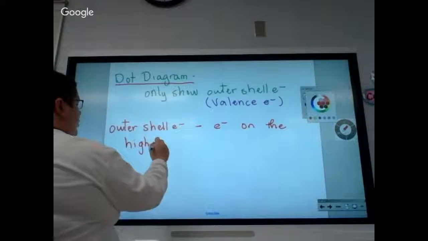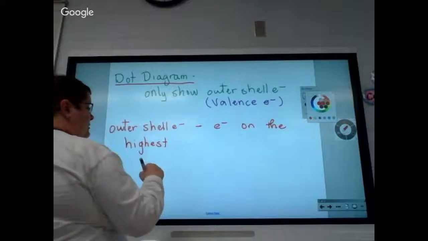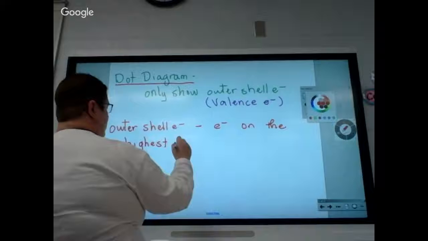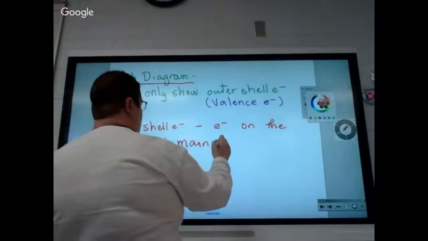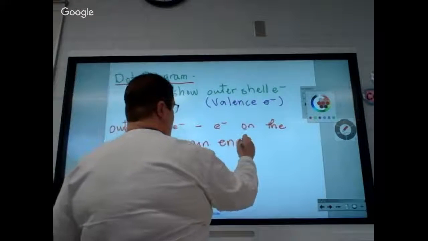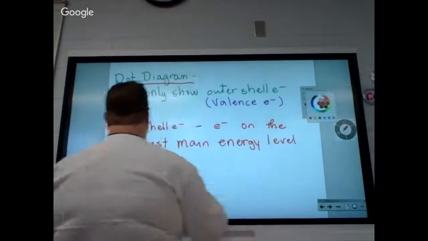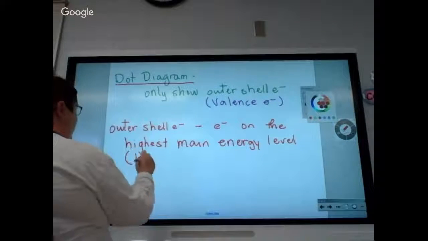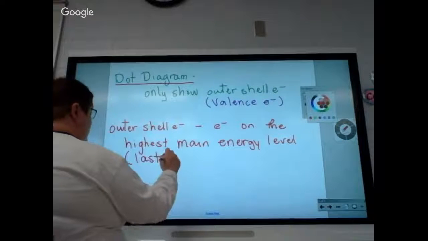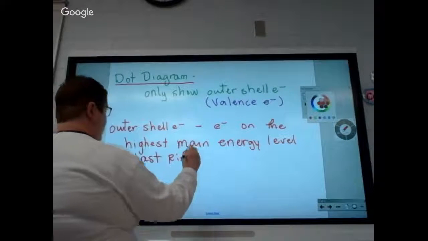of, okay, I'm going to use a word that you're likely to see on a test. An electron on the highest main energy level. Now, I will put in parentheses here the last ring because that's not necessarily the wrong answer. Okay?